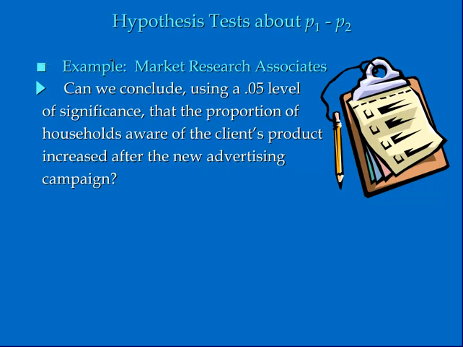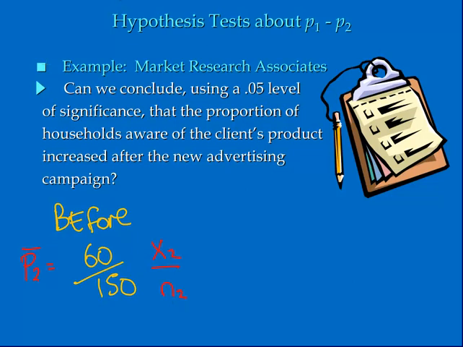Before, it was 60 out of 150 houses. And this is actually P2, the estimate for P2, the number of successes divided by the sample size.